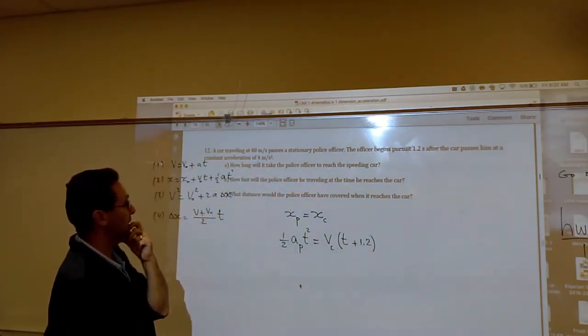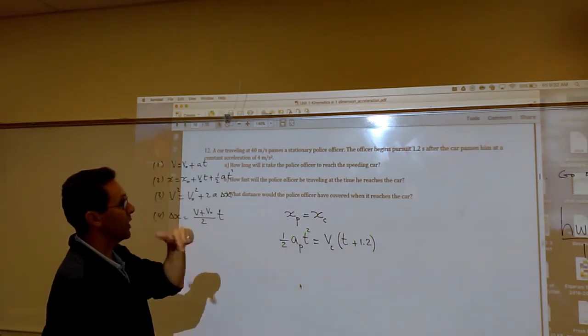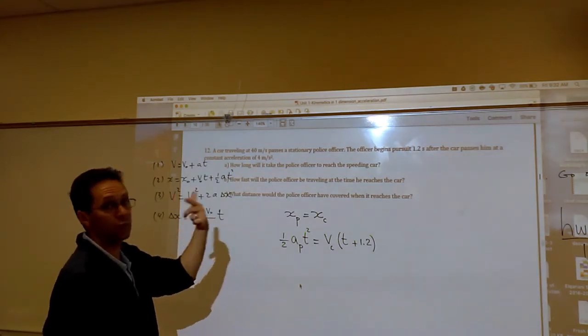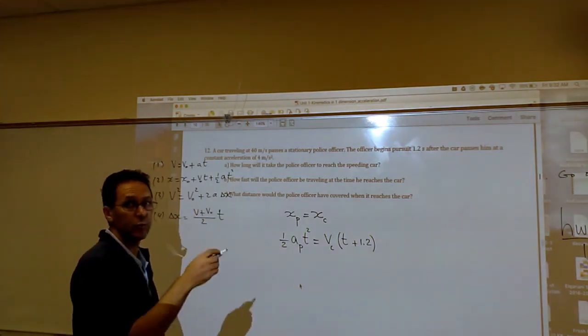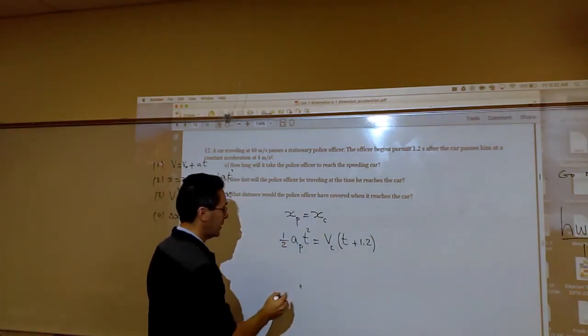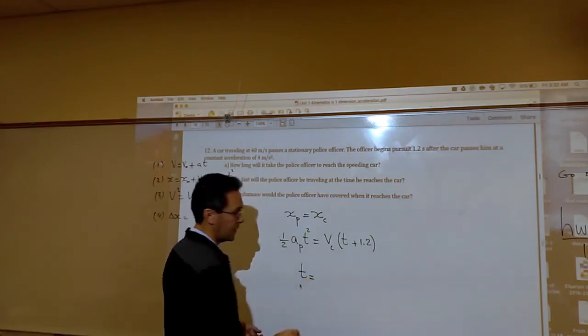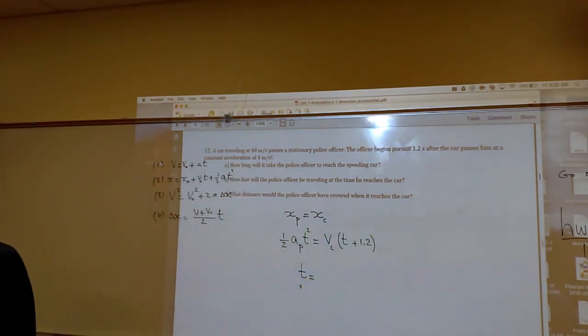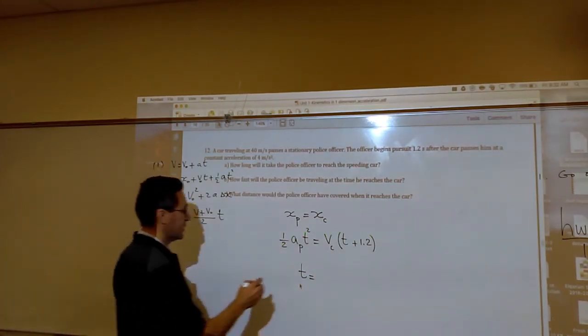Because the car would be traveling an extra 1.2 seconds because the cop started about 1.2 seconds later. Now, if we do the math here, we should get time equal to 21.14 seconds.